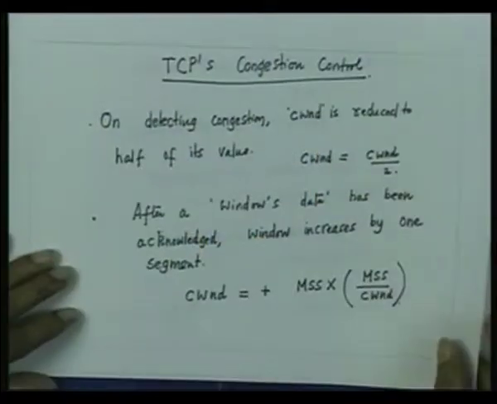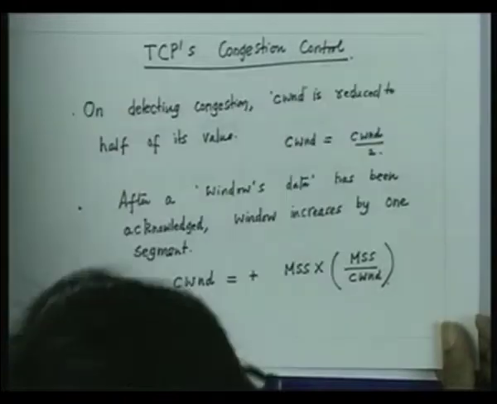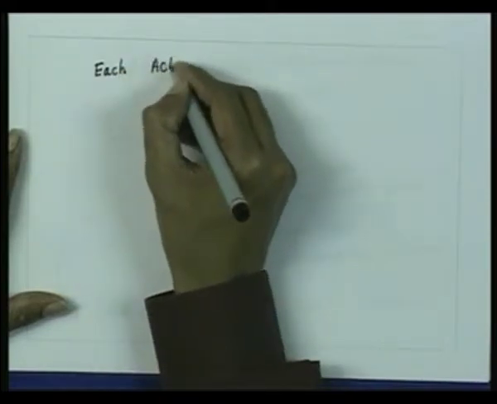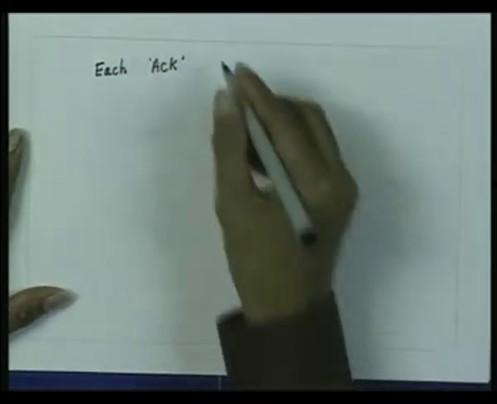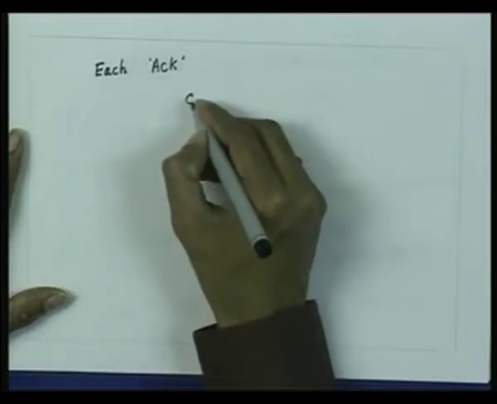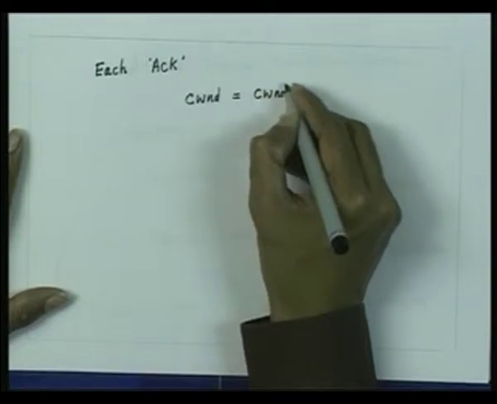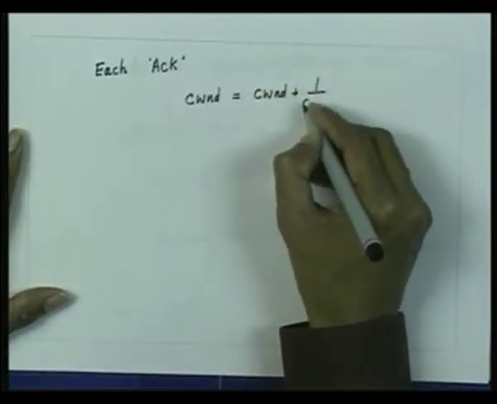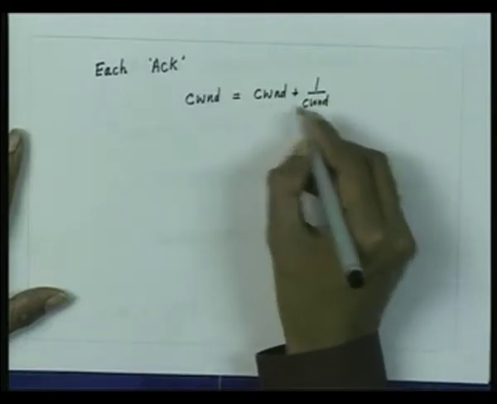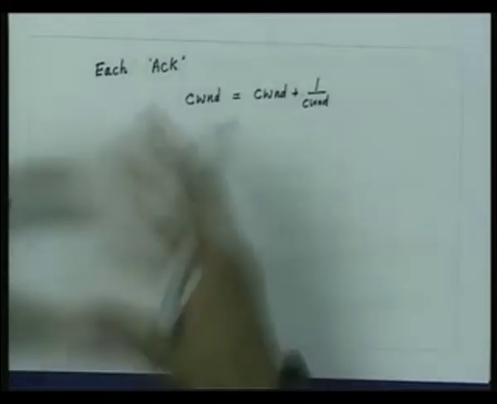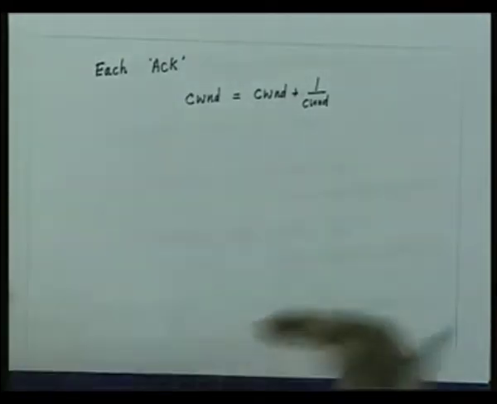So in crude terms, each ACK will adjust the window size. Let us say CWND is something like CWND plus 1 by CWND, as measured in packets.